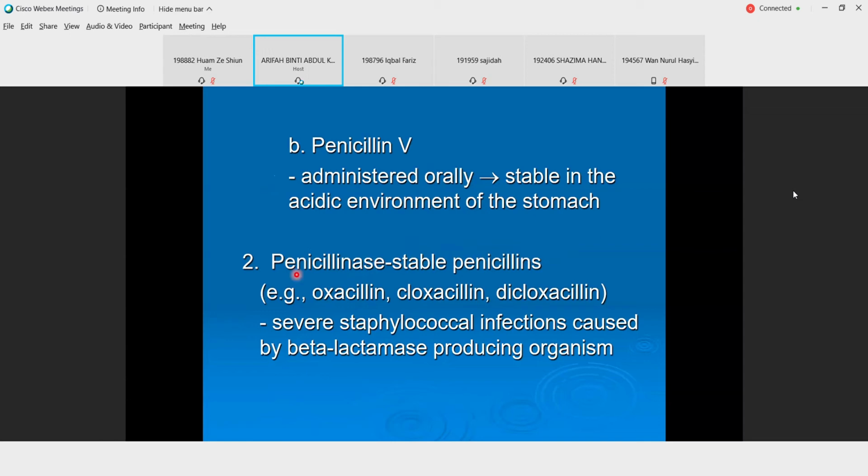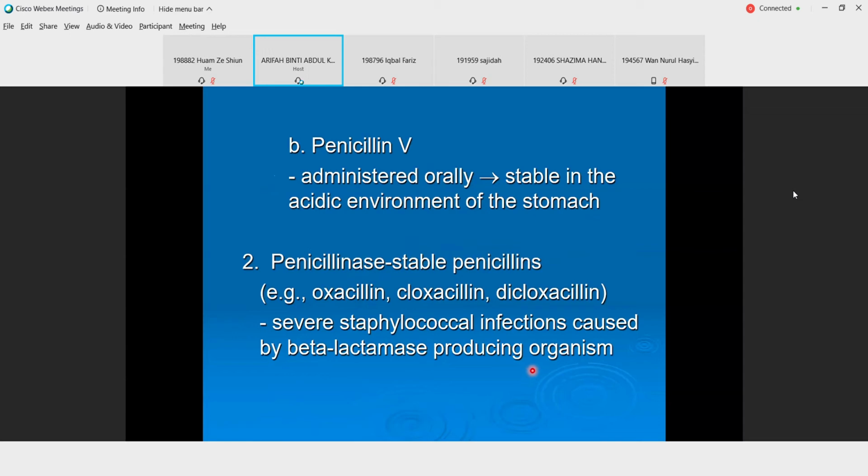The second group is the penicillinase stable penicillins. This group of drugs is used for severe staphylococcal infections caused by beta-lactamase producing organisms. What are beta-lactamase producing organisms? These are such as Staphylococcus, E. coli, and harsh bacteria such as Pseudomonas and Salmonella species.